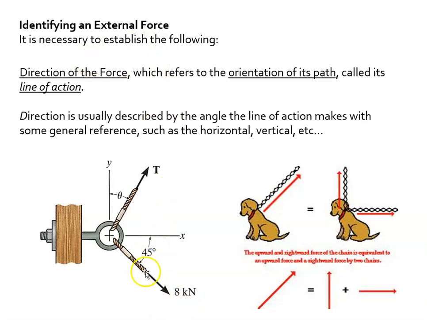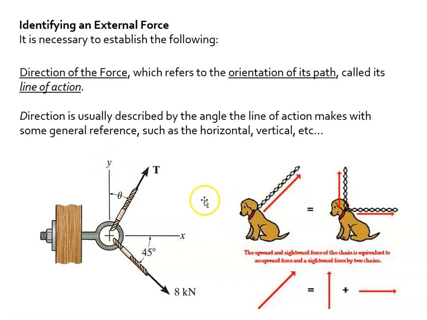This one is 45 degrees south of the x-axis. This one could be in the positive direction, if we call clockwise a positive direction, some given angle off of the y direction. So that's the description of the direction of the force relative to something else, relative to the x or y direction.